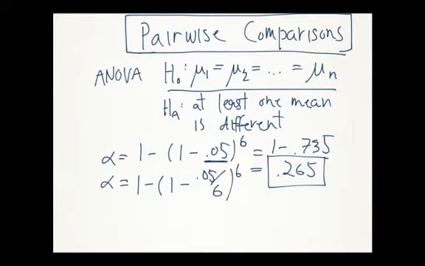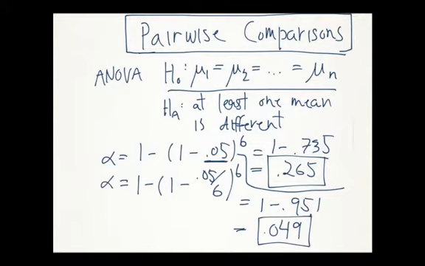So I'm just dividing by the number of tests that I'm conducting, and if we carry out this calculation, it's equal to 1 minus 0.951, which is 0.049, which is very close to the 0.05 that we want it to be close to. So you see what we did is we took our standard alpha level, 0.05, and divided it by the number of tests that we're conducting, and then we were able to end up at a family-wise alpha level close to the 0.05, which we desire.